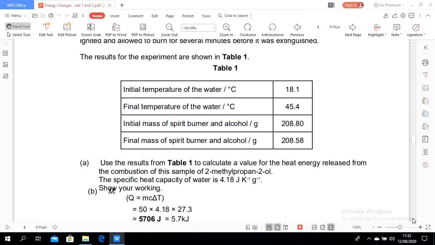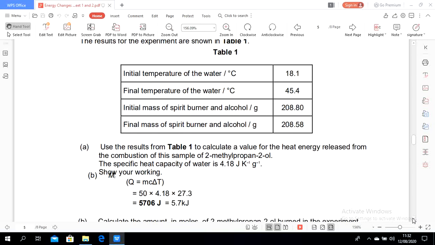We measure from the heat change. Using the results in table 1, calculate the value of the heat energy released from the combustion of the sample. The specific heat capacity of water is 4.18 joule per Kelvin gram.